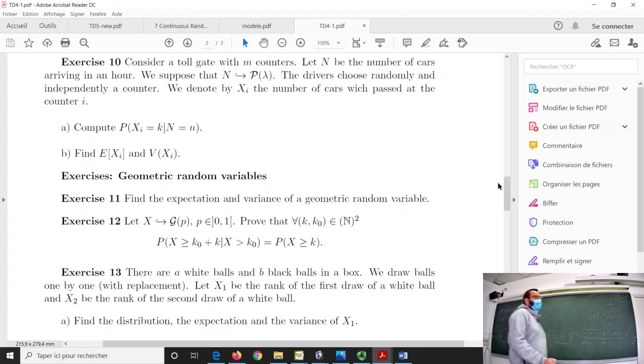The drivers choose a counter randomly and independently. We denote by Xi the number of cars which pass at counter i. I want you to compute this conditional probability, and I want you to find the expectation and the variance, V being the variance, of Xi. So let's do a little picture, and then I want you to think about this.